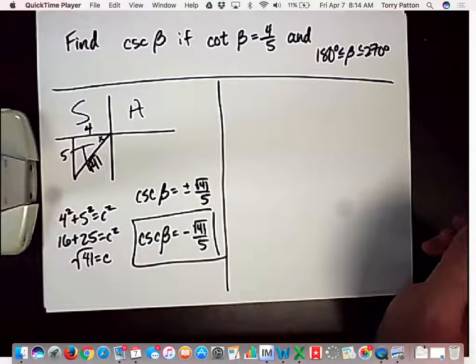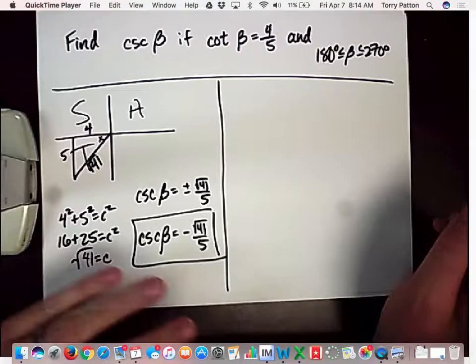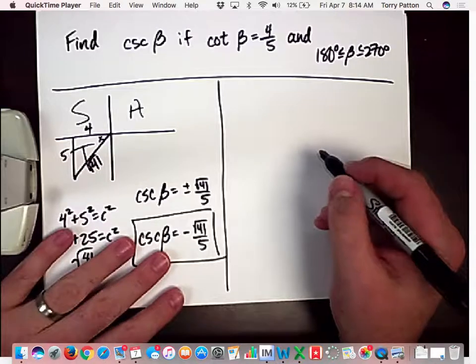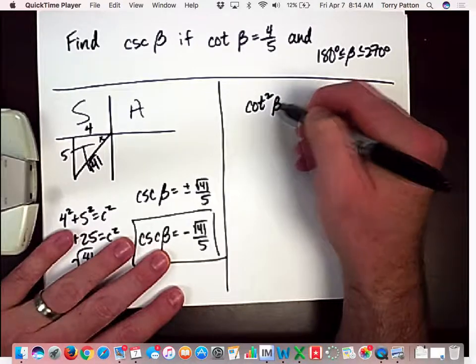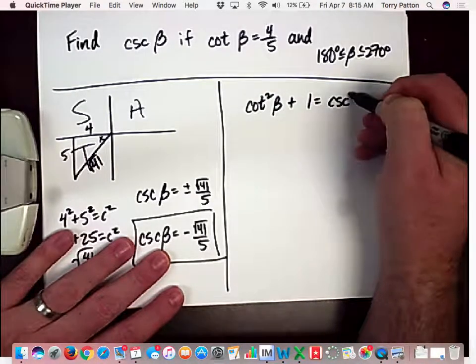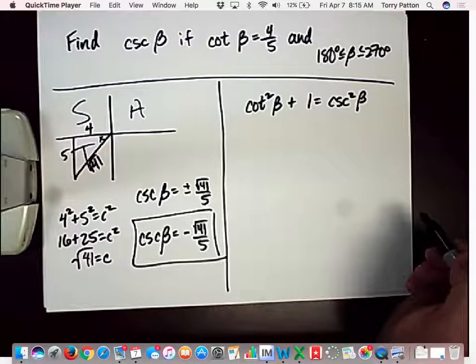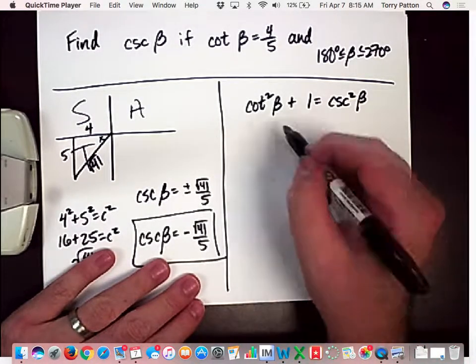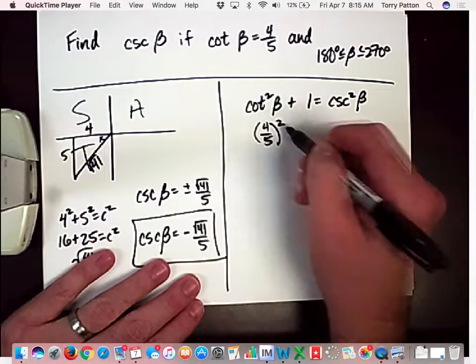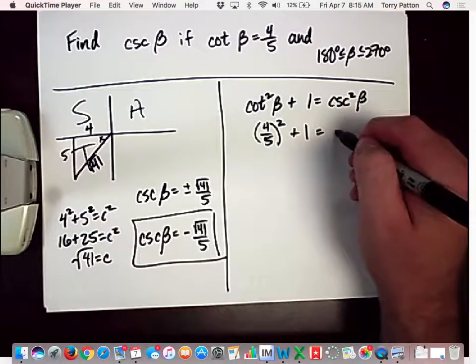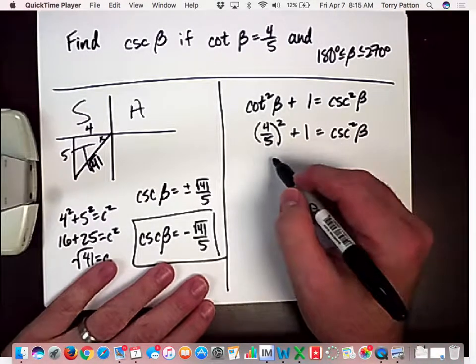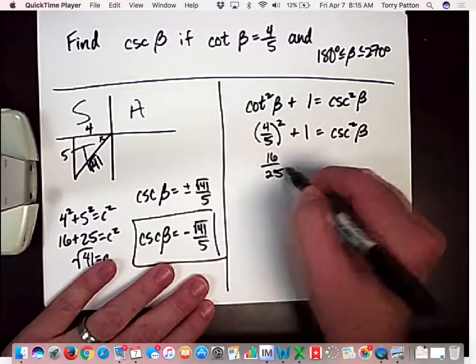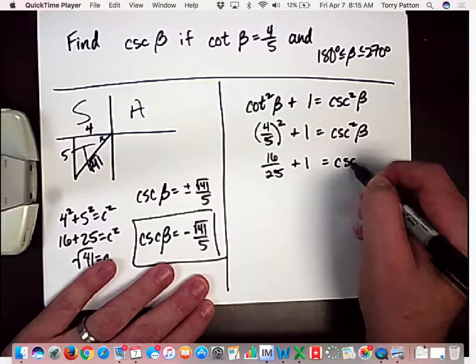Well, now you can use the identity that has cotangent in it. Cotangent squared beta plus 1 has to equal cosecant squared beta, right? So that means 4/5 squared plus 1 is cosecant squared beta. So that is 16 over 25 plus 1 is cosecant squared beta.